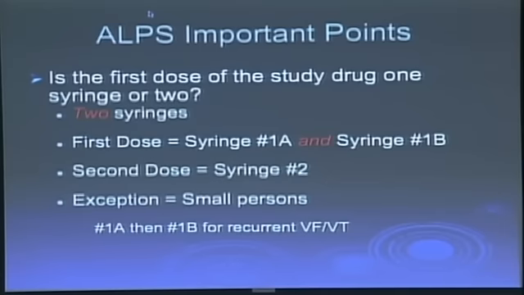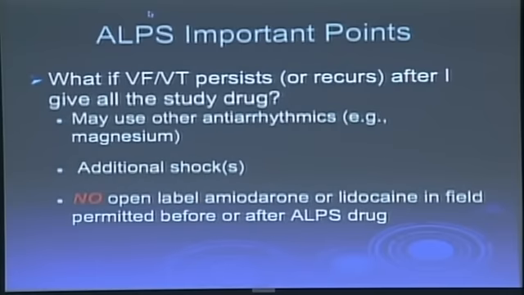So 2 syringes the first dose, and just 1 syringe in the second dose, except for really tiny people. If you have little itty bitty people, we use 1 dose each.